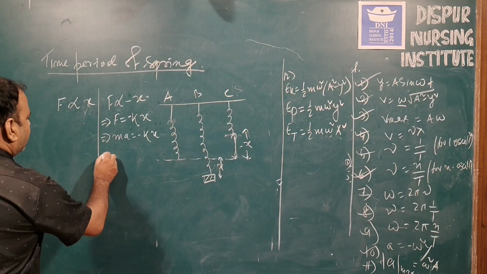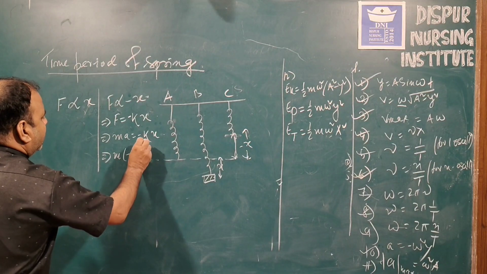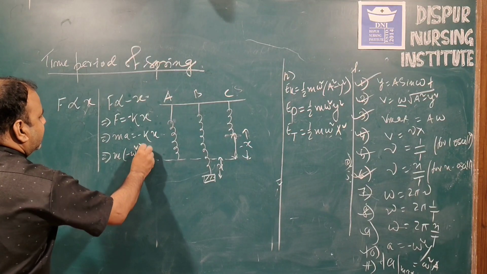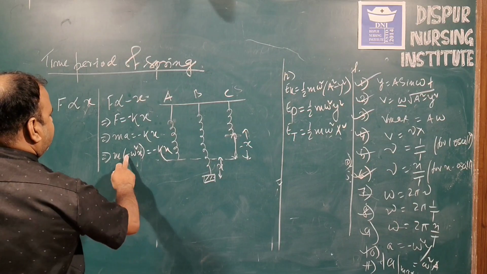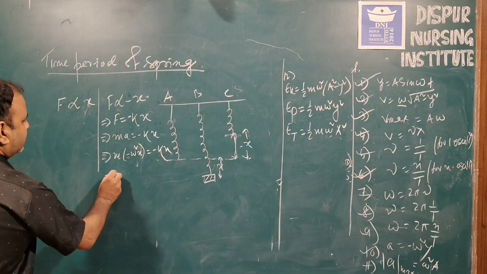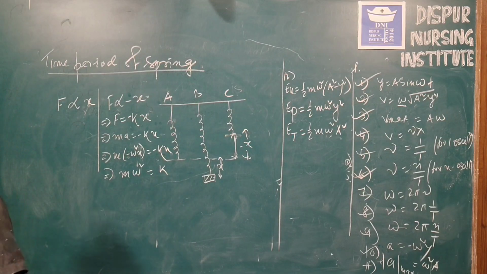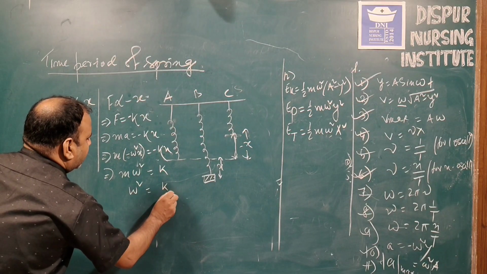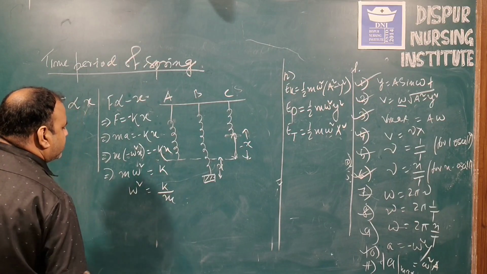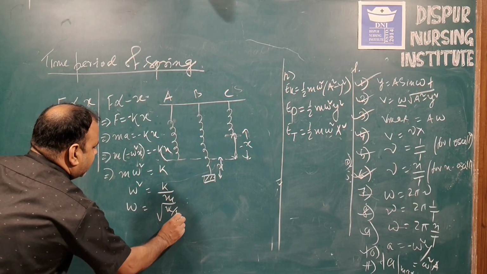So we can write m omega square x is equal to minus kx. In this case, minus cancels, x cancels. So we can write m omega square is equal to k, where k is the spring constant. So omega square is equal to k by m. So omega is equal to under root k by m.